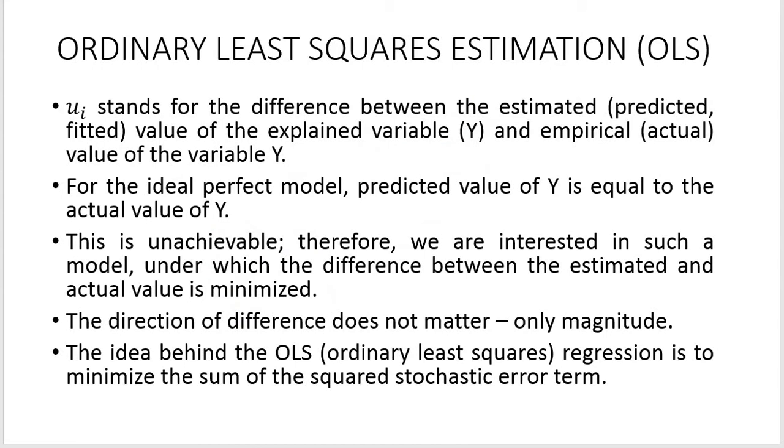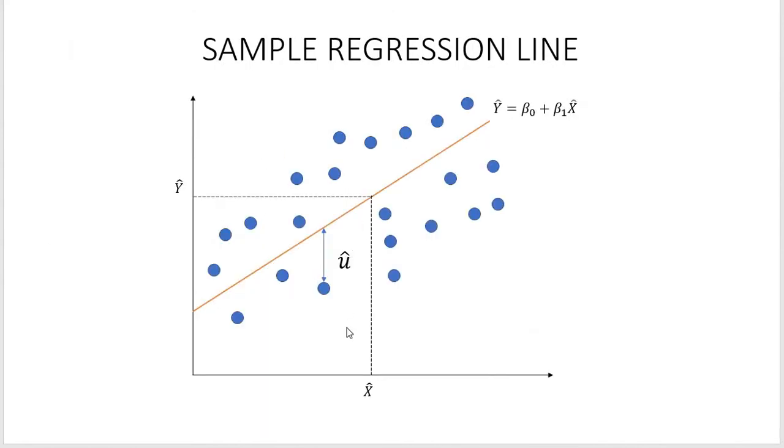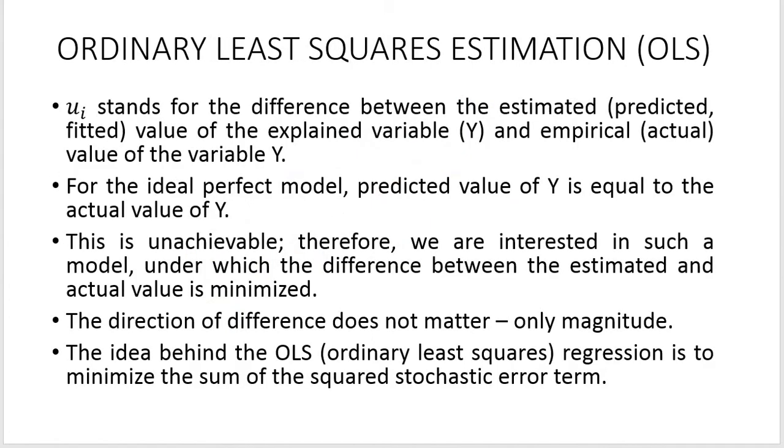So, keeping in mind this idea, you can justify the key idea behind ordinary least squares estimation. As I said, u stands for the difference between the estimated value of y and the empirical value of y. You can never have it equal to 0.